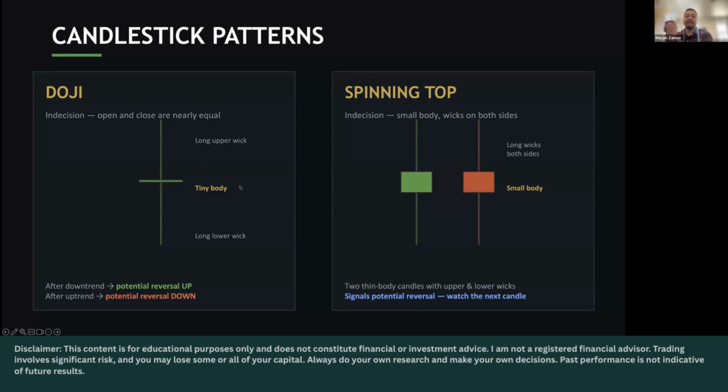This pattern is basically like a mega doji. It's double the time frame with some displacement this way and that way, where the buyers were overcome by the sellers or the sellers overcome by the buyers, only to go back to the indecision point. And what happened? What does this signal? It's even a stronger signal for indecision and reversal. So you have to see what happens in the next candle.